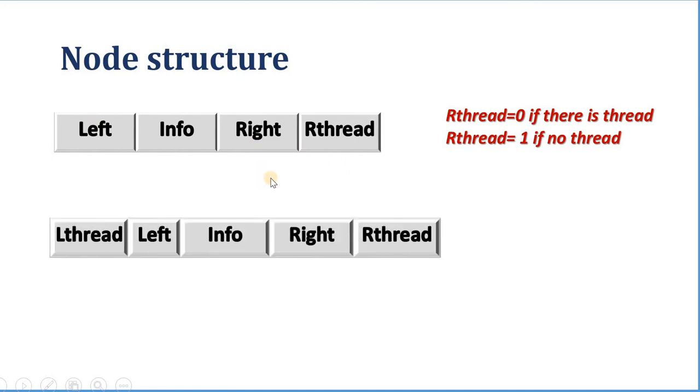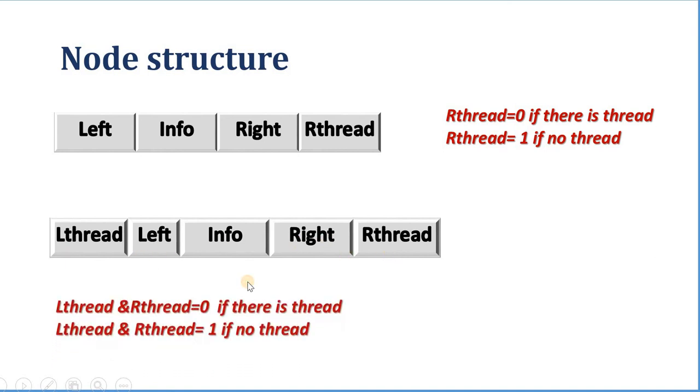Now there is a node structure for a double threaded binary tree, where there is L thread and R thread. Both contain bits, either 0 or 1. 0 means there is a thread and 1 means it is not containing the thread pointer.